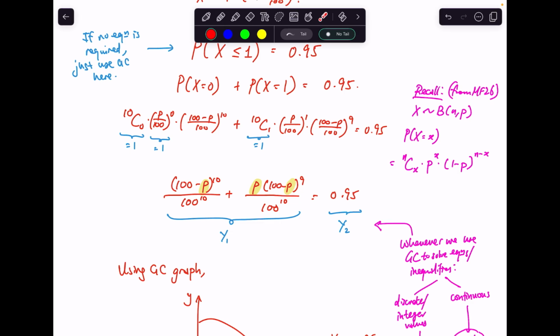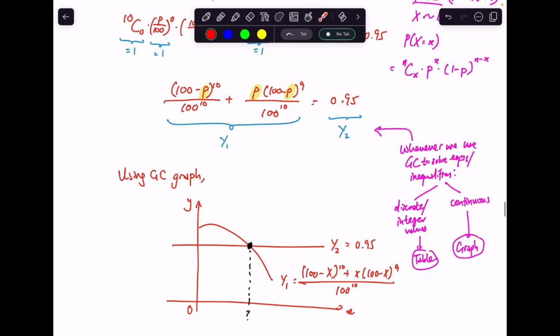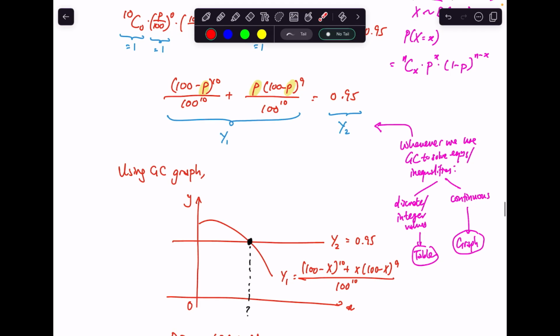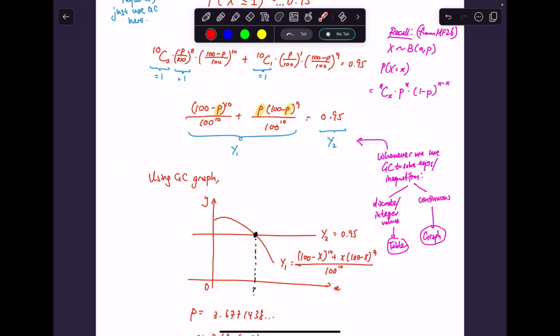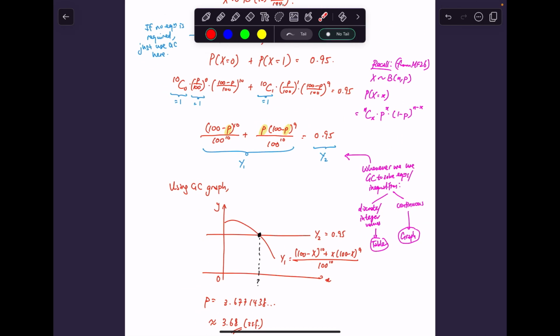But for graphs there will be decimals most of the time. If I want to look for a whole number and I look at graph, then I will have to think about whether I should round up or round down. How do I make that decision? That's a little bit more complicated than needed. So if we have integer values, we look at table. If we want to look at the value of an unknown that is continuous, then we look at graph, like in this case. Okay, so that's all for this video.